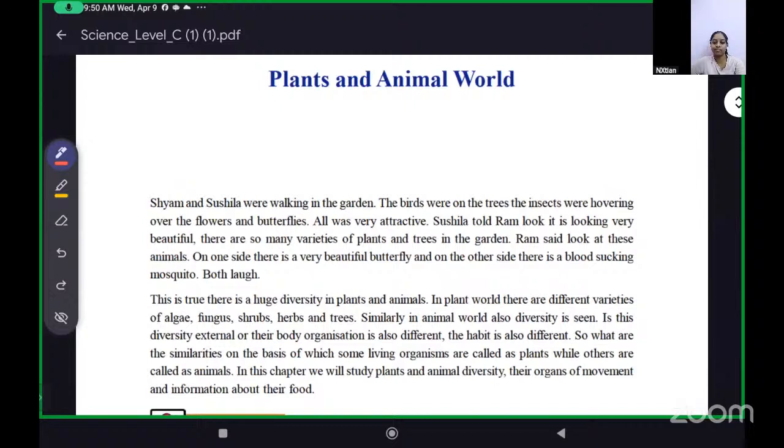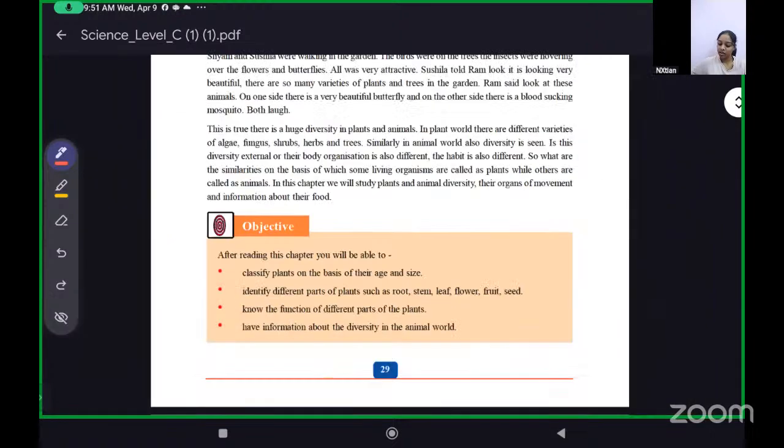So there is a huge diversity in plants and animals. Now there are some similarities also, according to which they are grouped. Okay, so let's move on.